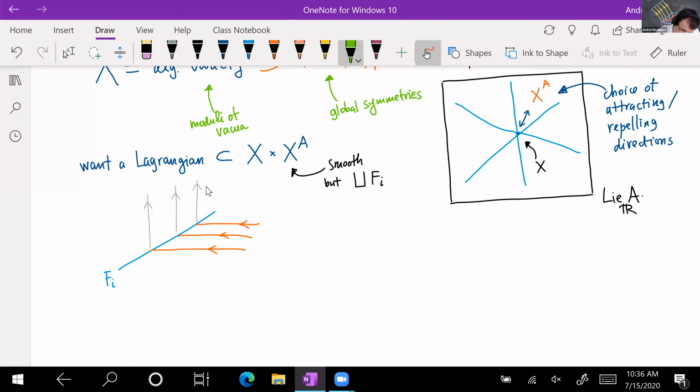A general trajectory may miss the fixed locus altogether, and goes something like that. So we have a very nice attracting manifold.